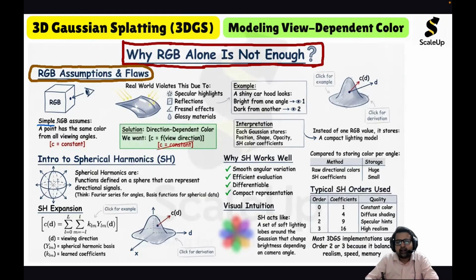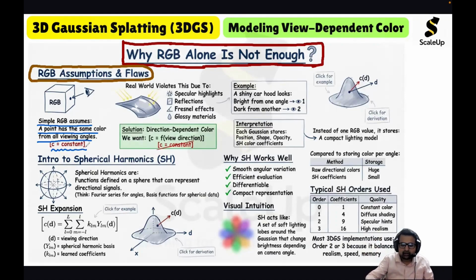Simple RGB assumes that a point has the same color from all the viewing angles, like constant color. Constant color means that for a pixel, whatever the color, it has to be the same if we look at it from any angle.